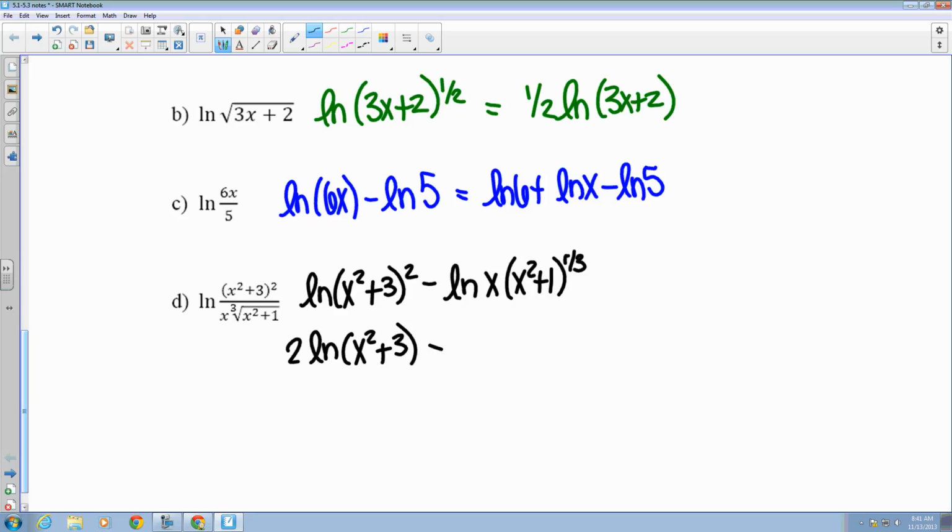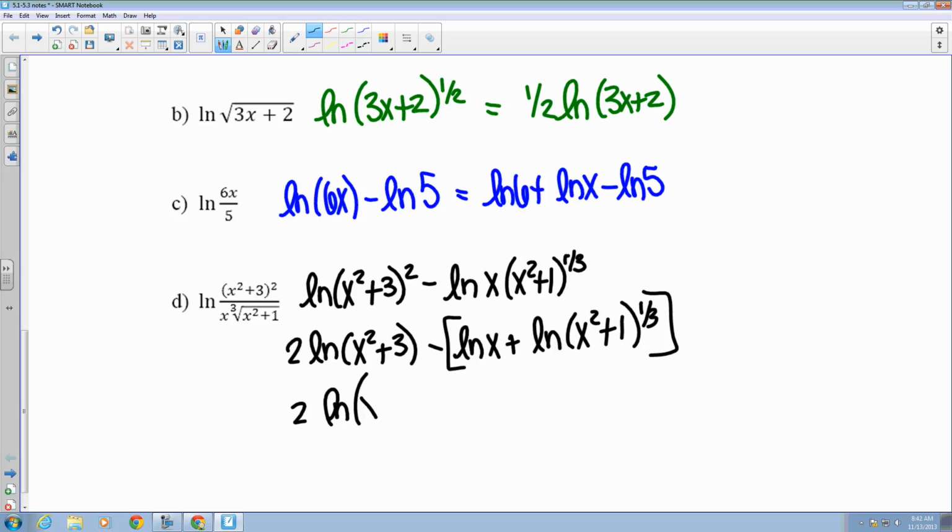And we have multiplication here, so we're going to turn it into addition. And we can turn that exponent on the second half into a constant out front as well, and then distribute our negative so we don't have any parentheses. And that's about as far as we can go.